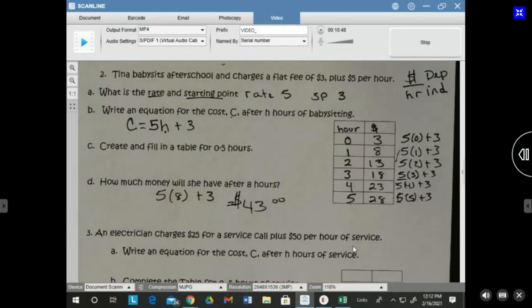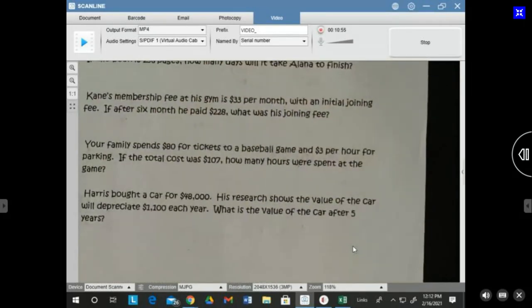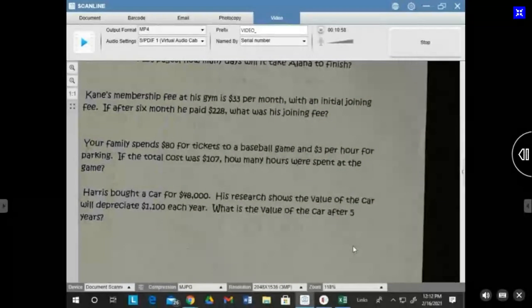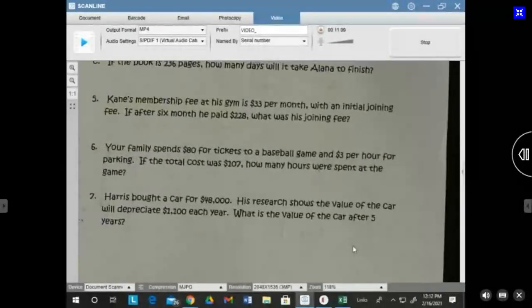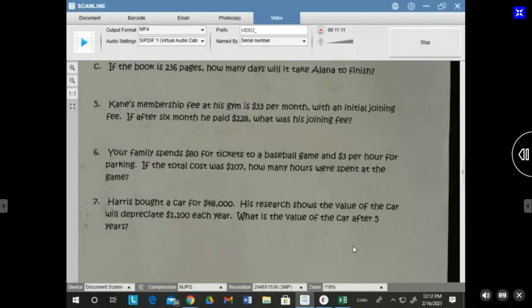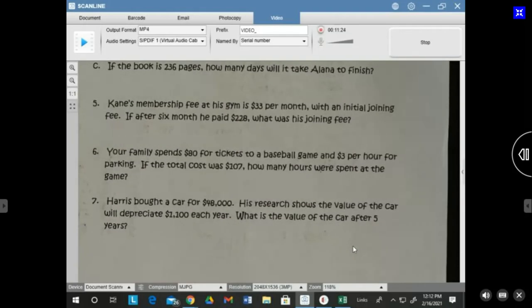All right. We have a different one on the back that we did not run into next week. I'm going to go to Kane's membership fee at his gym. Number 5. Kane's membership fee at his gym is $33 per month, with an initial joining fee.